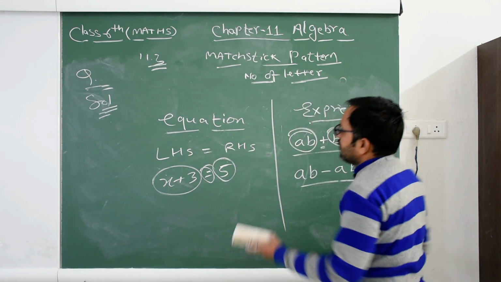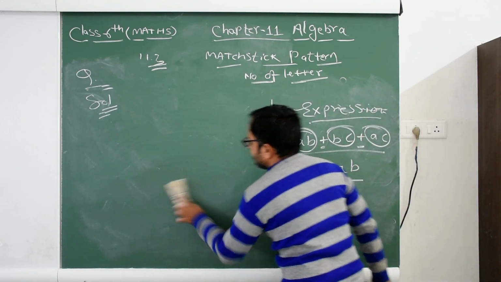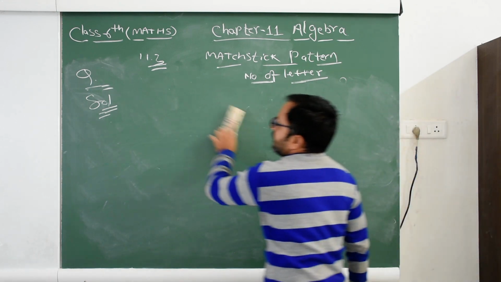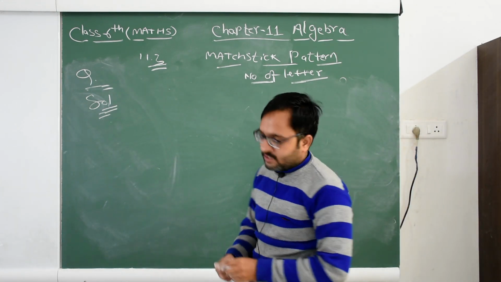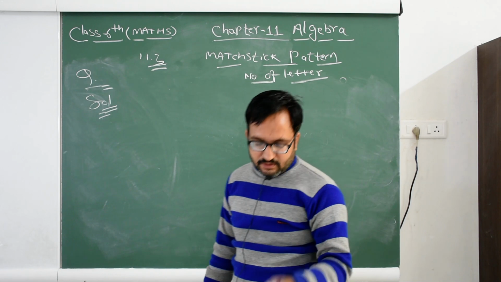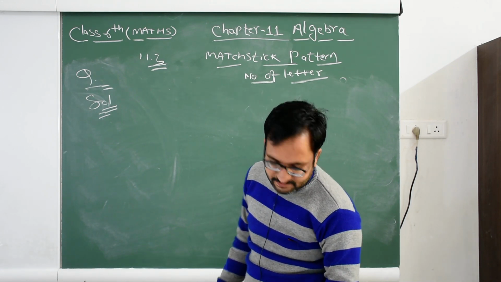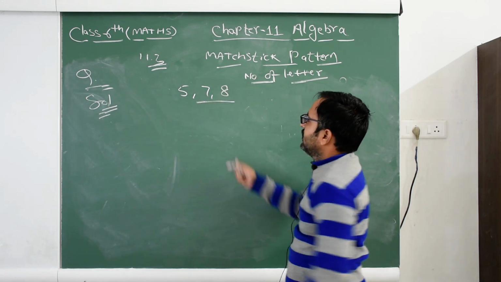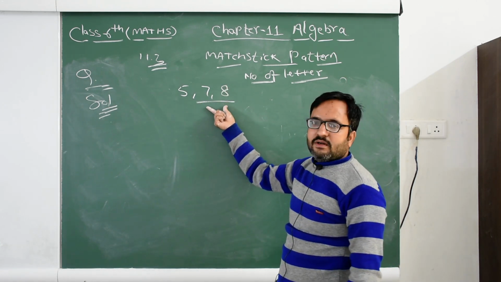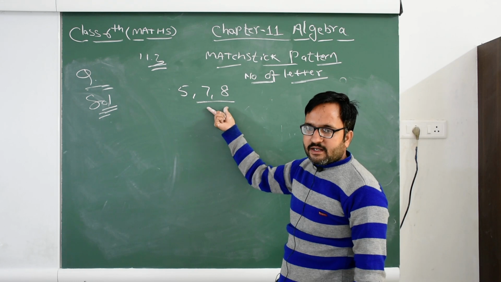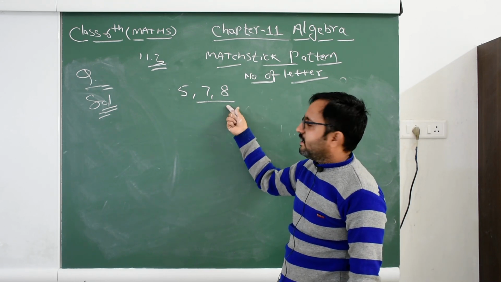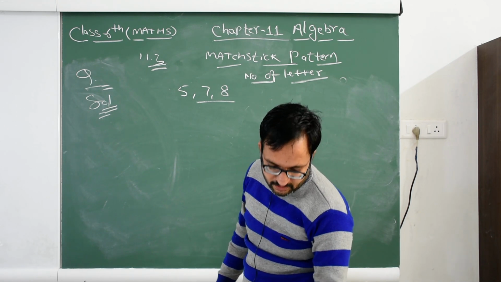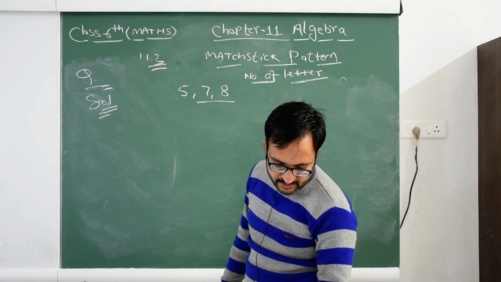So in this question we make different expressions, using only the numbers 5, 7 and 8, each only a single time, and performing only addition, subtraction and multiplication.